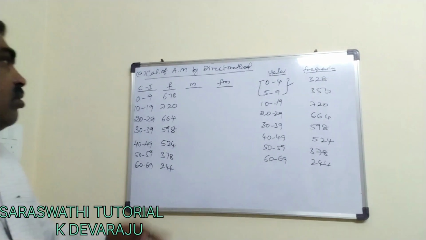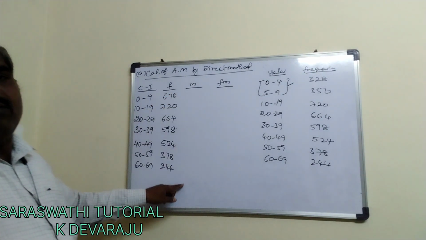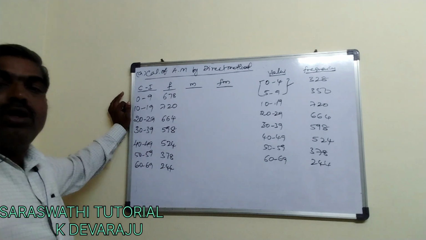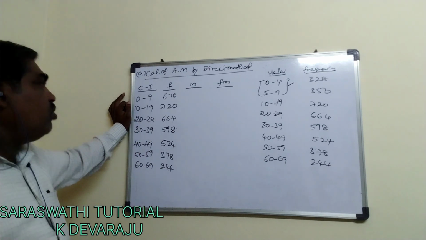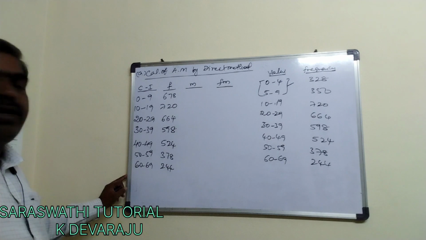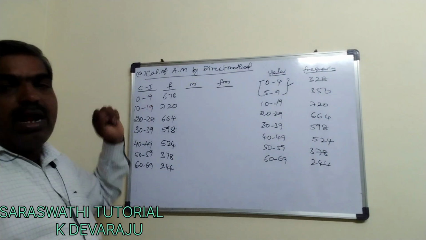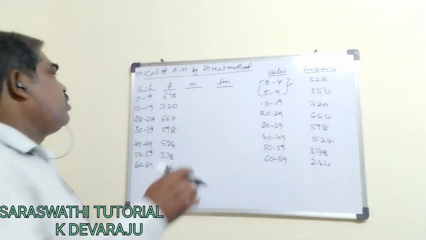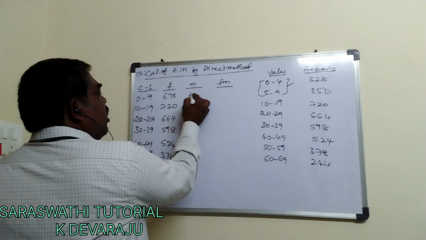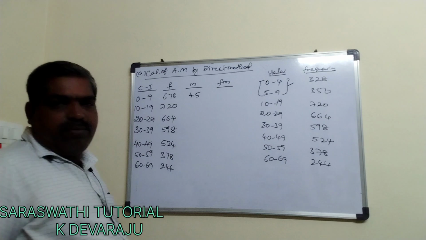First we have to calculate the mid values. How to calculate mid values? Lower limit plus upper limit by 2. The left hand side values are called lower limits, the right hand side values are called upper limits. 0 plus 9 divided by 2 is 4.5.